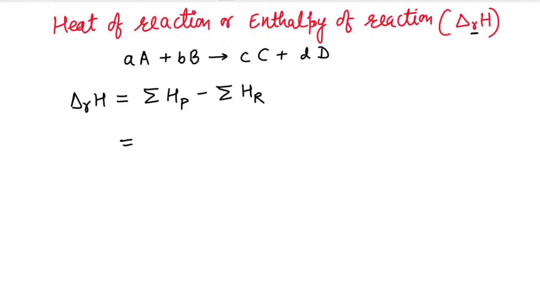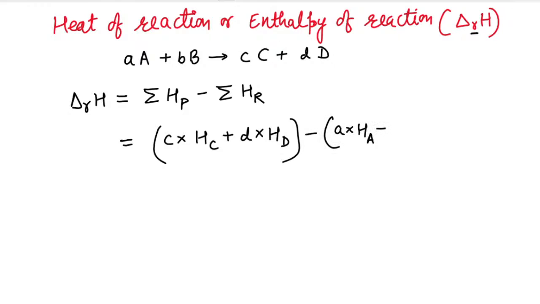It is equal to C into enthalpy of C plus D into enthalpy of D, minus A into enthalpy of A plus B into enthalpy of B. That's it. This is the enthalpy of the reaction, the enthalpy of products minus the enthalpy of reactants.